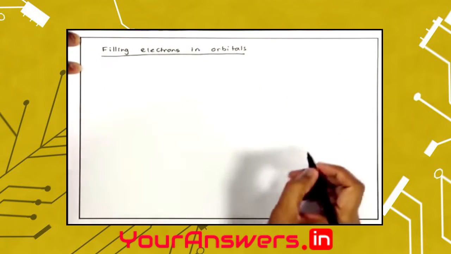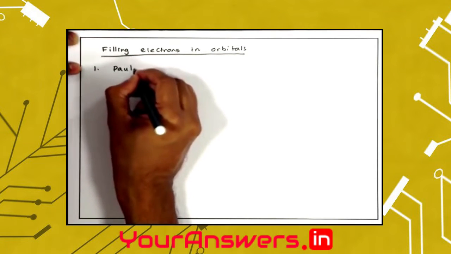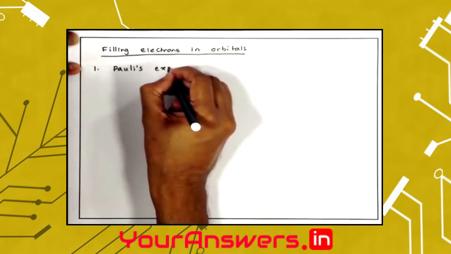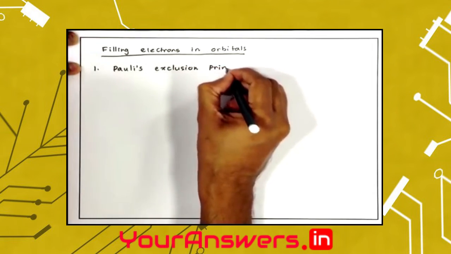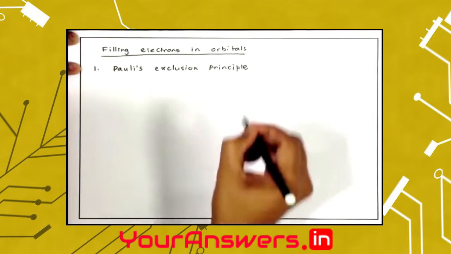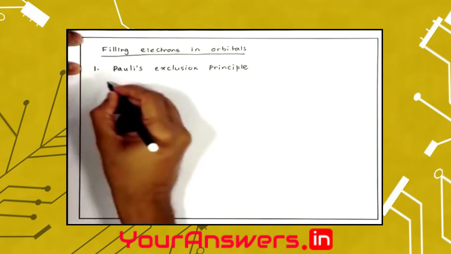While discussing this, our first point of discussion is what is known as Pauli's exclusion principle. It's a very important principle that plays a fundamental role in the electronic structure of atoms. What does Pauli's exclusion principle say?